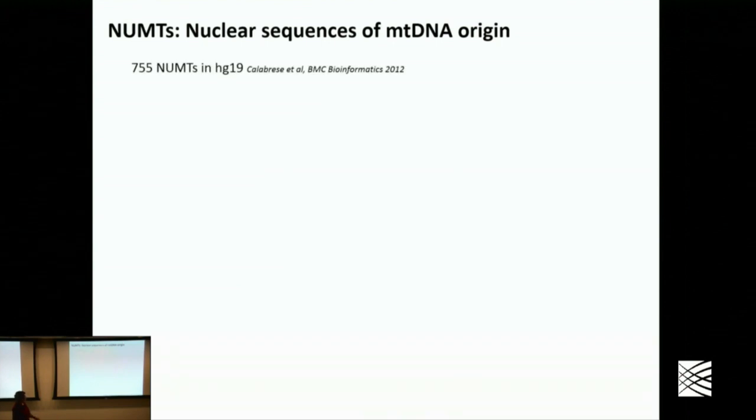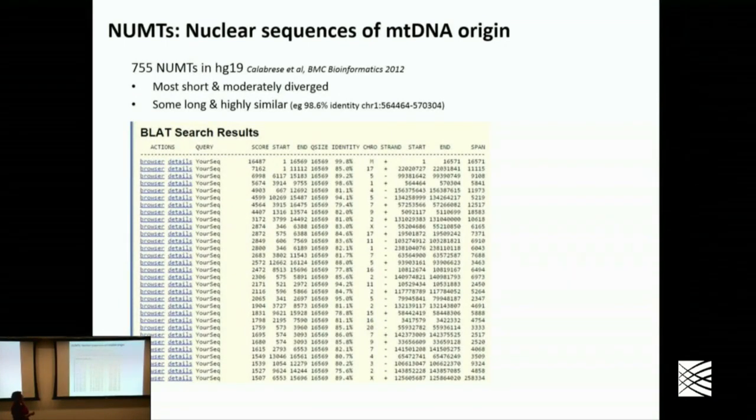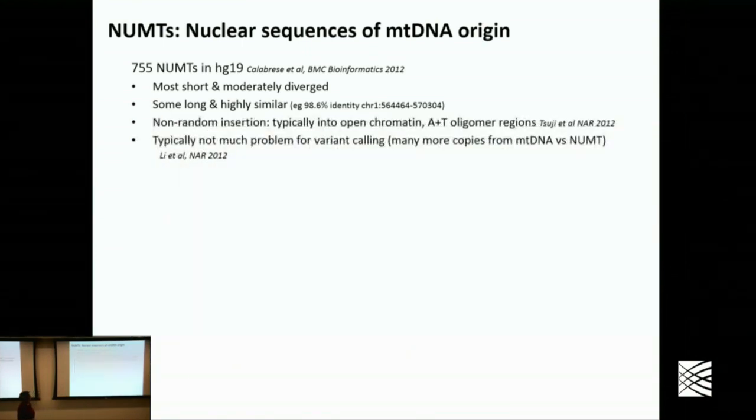In the human genome assembly 19, there are over 700 of these copies of the mitochondrial genome now littering our nuclear genome. If you just take the mitochondrial genome, the 16 kb, and blot it against the nuclear genome, you can see all of these different hits. Some of them are really similar, 98.6% identity on chromosome 1, 85% on chromosome 17. So the nuclear genome is littered with these ancient relics. And they're actually non-randomly inserted. There are hot spots where they tend to get inserted.